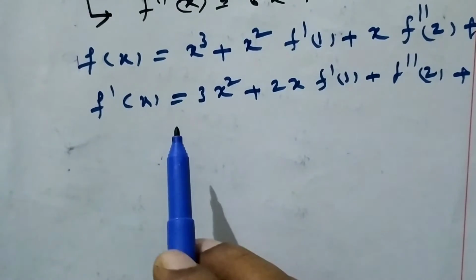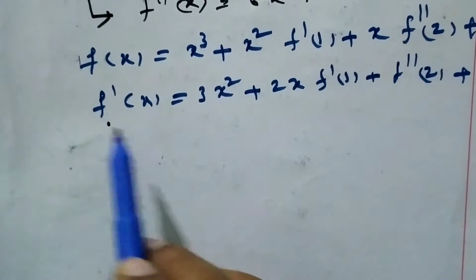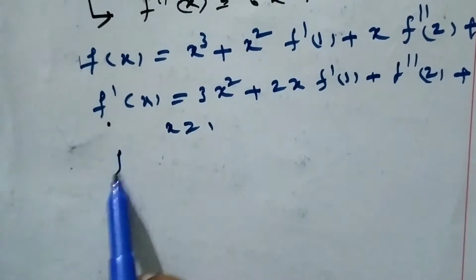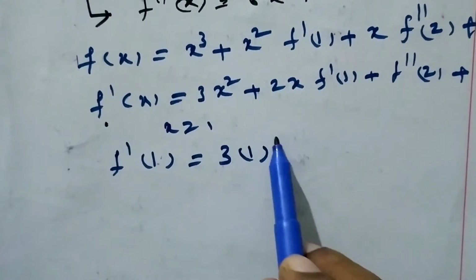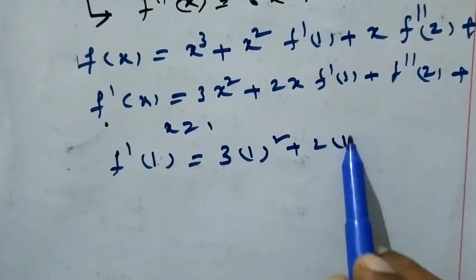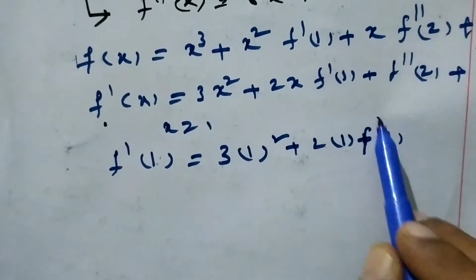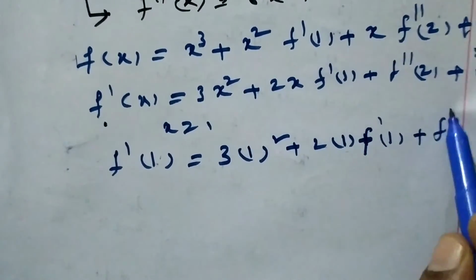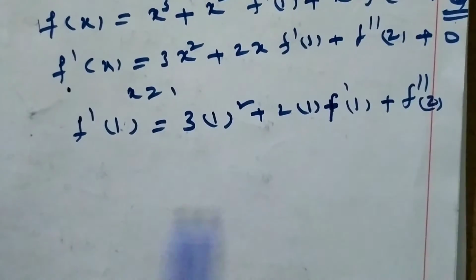So if we put x = 1, we get f'(1) = 3(1)² + 2(1) f'(1) + f''(2).